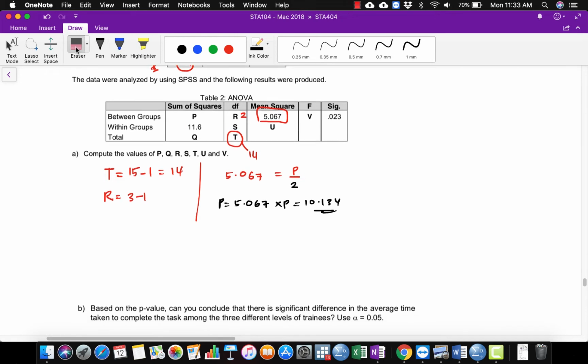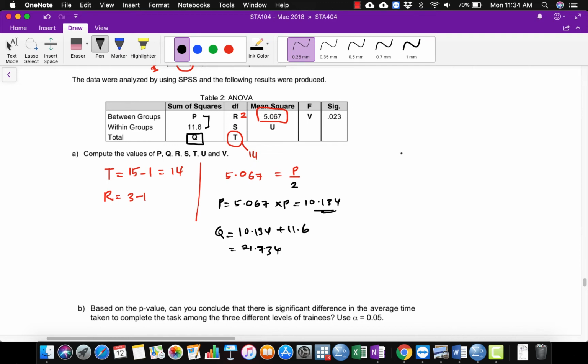Now we can calculate the value of Q, right? Q is the total of P plus 11.6, right? So 10.134 plus 11.6 should be equal to 21.734. This is the value of Q, right?